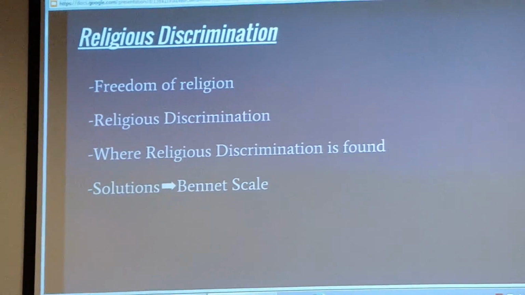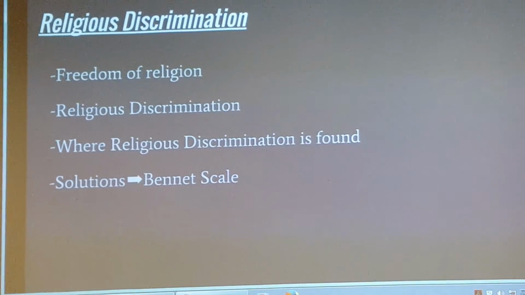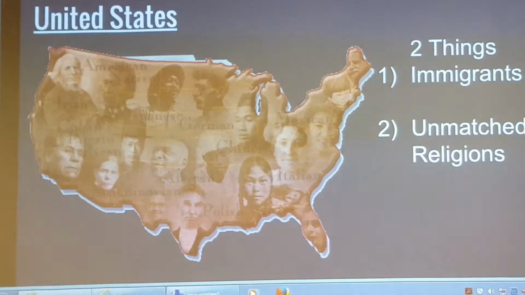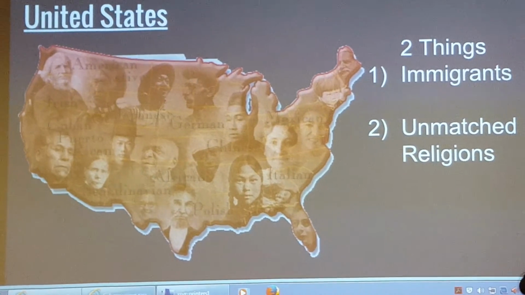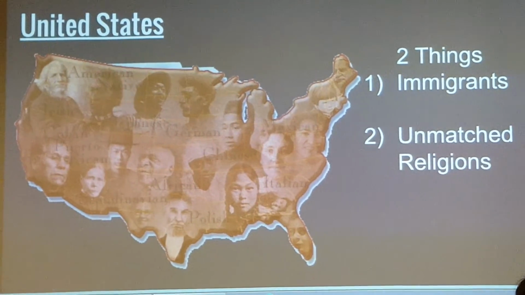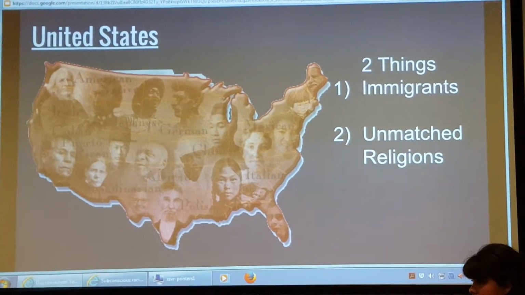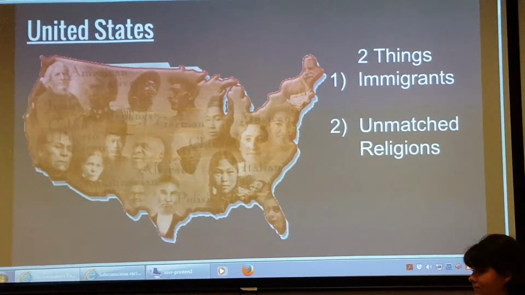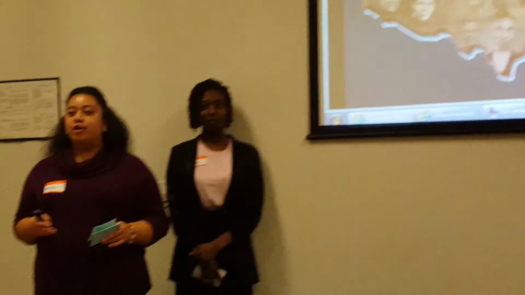I will start off with freedom of religion, religious discrimination, where religious discrimination is found, and solutions using the Bennett scale. According to the History of Religious Conflicts in the United States, by Eric Wong, December 6, 2002, the United States has remained a country of 2 things: immigrants and a diversity of unmatched religions.